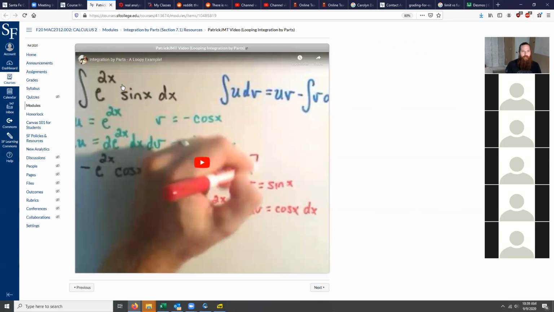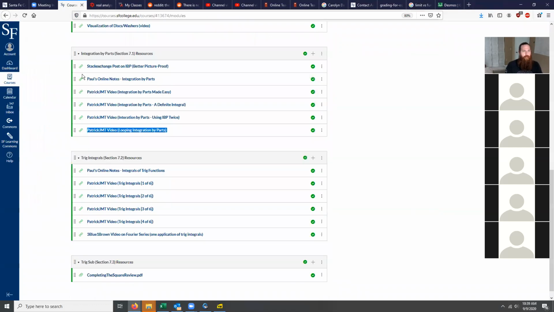You've got e to the 2x times sine x instead of e to the negative x times cos x. All of those sorts of integrals where you have an exponential times sine or cosine, as well as a few other integrals that I'll show you soon, are looping integrals. And they will require integration by parts, but you'll have to think about it a little bit differently.